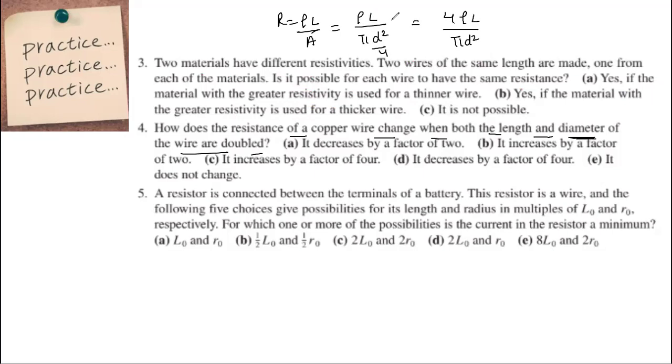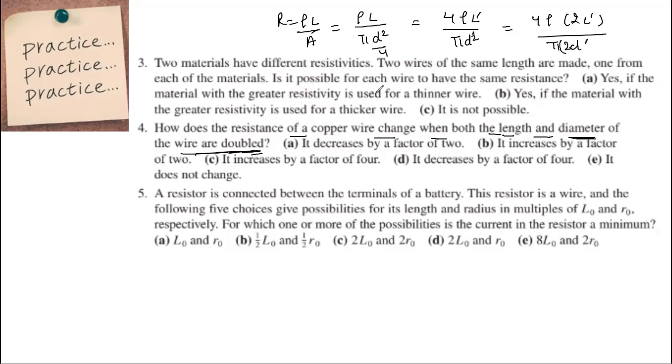So let's explore. What we are doing here, both the length and the diameter are doubled. So now you're doing like this. So 4 rho, the length is becoming twice of what it was initially, and the diameter also, they're saying it is doubled, so I'm also trying to double the diameter over here.